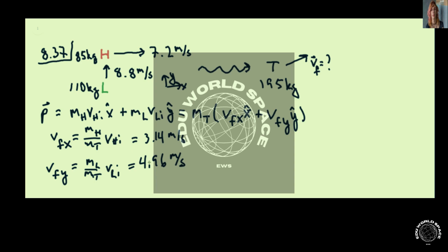Now, to find the magnitude of this, of course, this is always going to be just the sum of the squares of the components, and then take the square root of that. And that works out to be 5.9 meters per second.